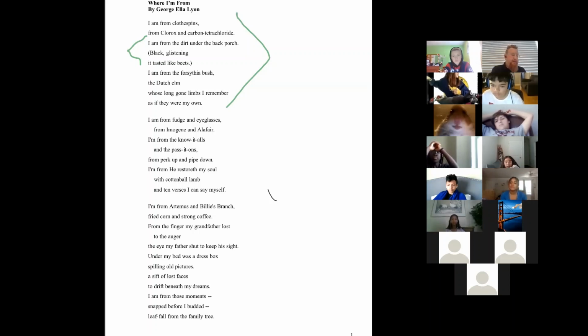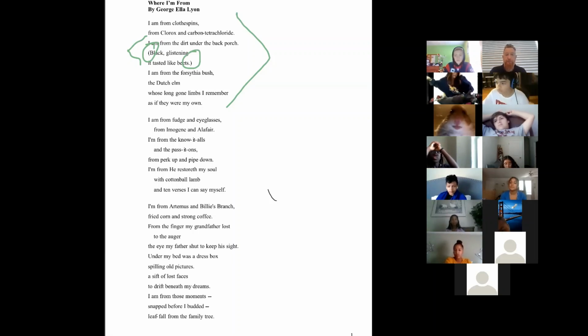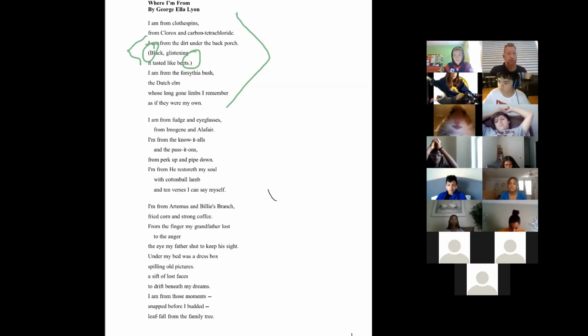She also does an interesting thing here in terms of punctuation, because she decides to give us a parenthetical. Now, every time I give this poetry assignment, somebody turns in a poem that has a parenthetical just like this. Don't just steal somebody else's idea and try to make it your own. You don't have to have a parenthetical in the very first stanza.